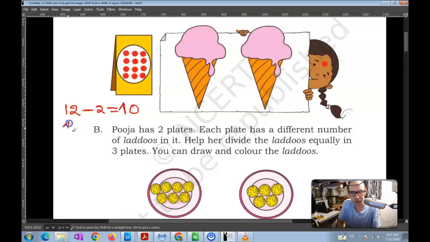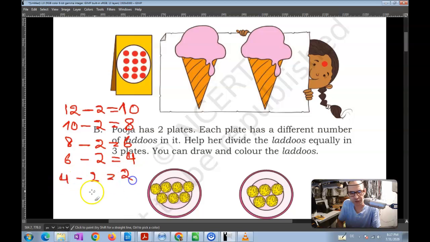Then from the 10 again I took away 2, and I was left with 8 bindis. From the 8 bindis I took away 2, I was left with 6 bindis. From the 6 bindis I took away 2, and I was left with 4 bindis. From the 4 I took away 2, I was left with 2, and from the 2 I took away 2, and I was left with 0.